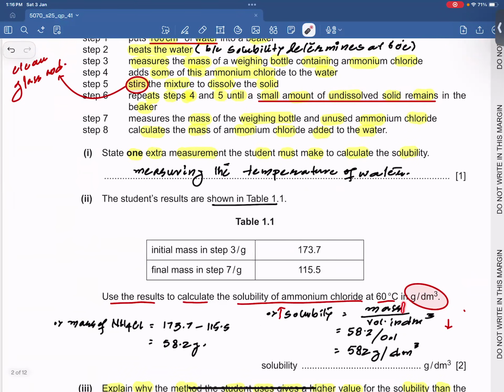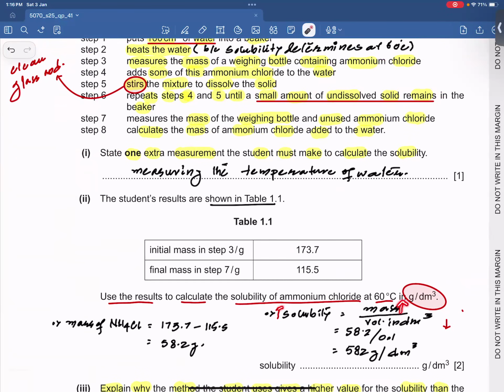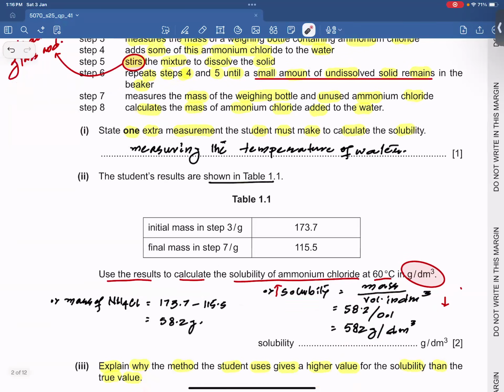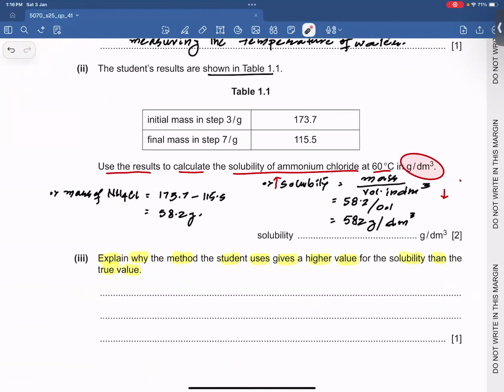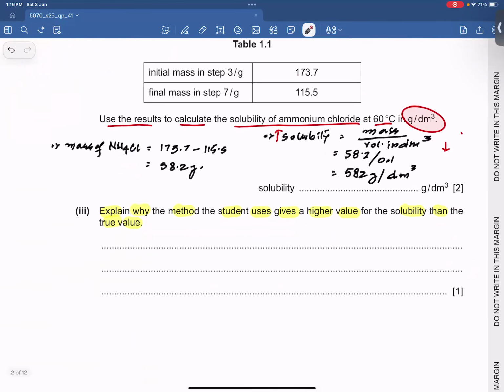If this amount of mass is greater than expected, obviously solubility also increases. So there are multiple reasons for this higher value of solubility. The mass of undissolved solid could be higher, or more volume of water must be evaporated. So there are multiple reasons for it.